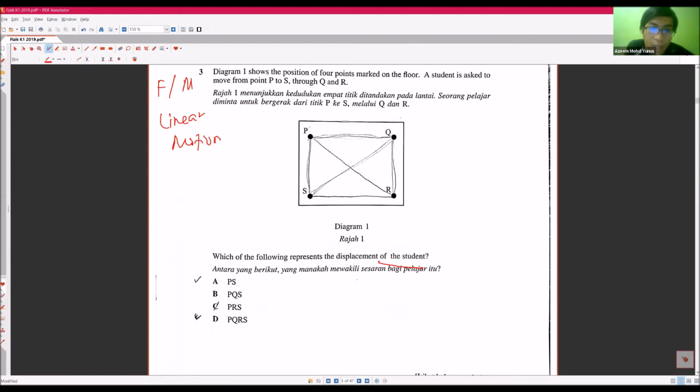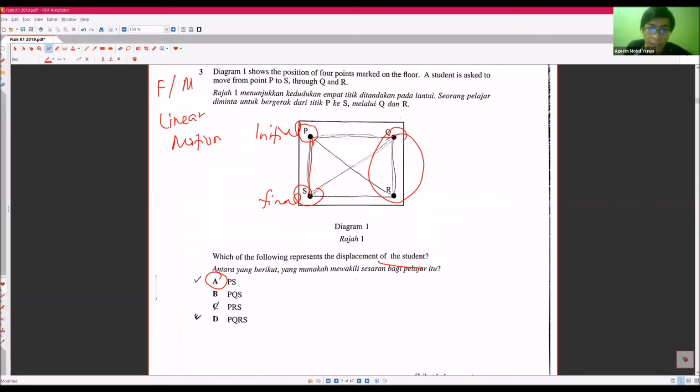So it must start from P to S. S is the final, P is the initial. Regardless of Q and R, the displacement is actually final minus initial, so SP or PS. So A, the answer is A. We just need the shortest distance between final and initial, which is this side over here.